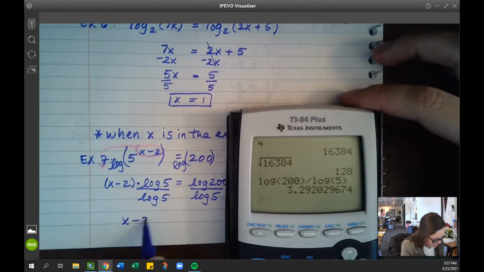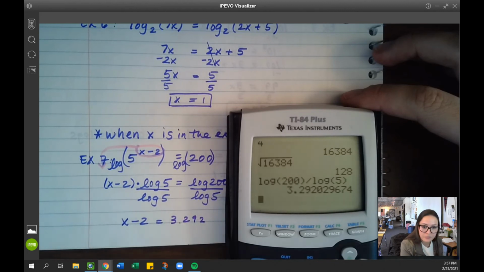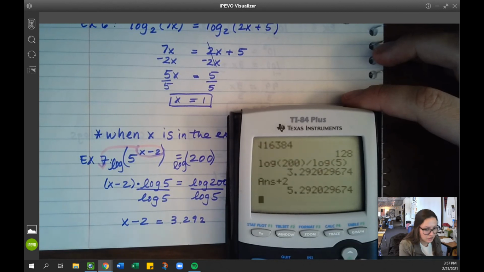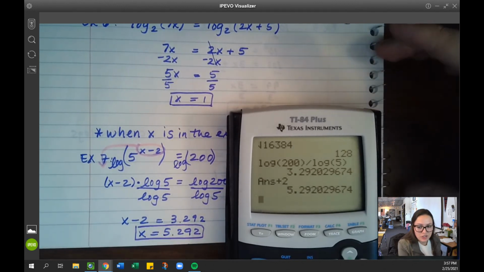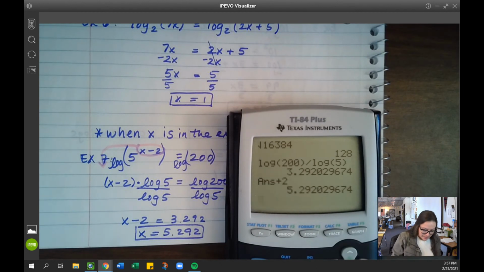So x minus 2 equals 3.292. And all I'm going to do now is add 2. So x is 5.292. And I know it's kind of weird that we don't normally get weird answers like this, but in this case we will.